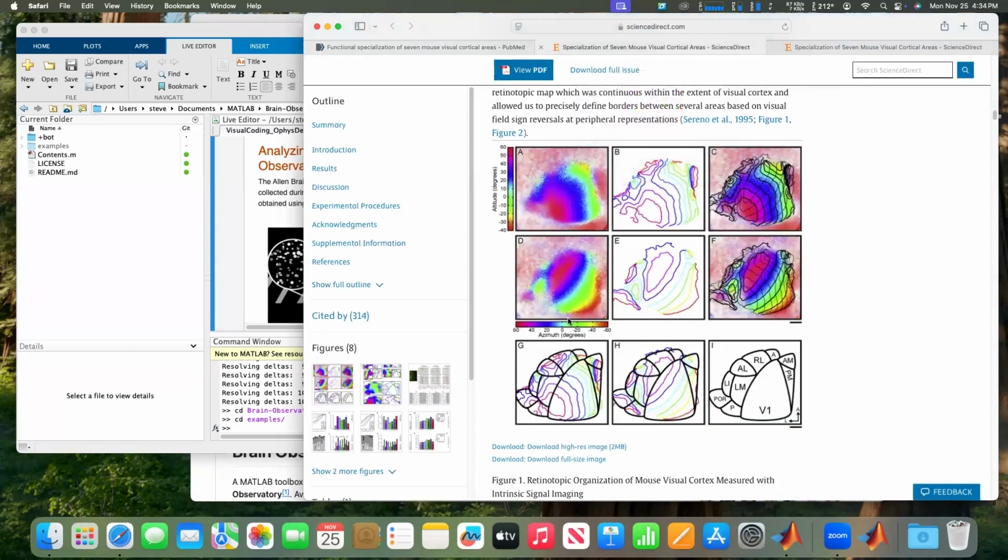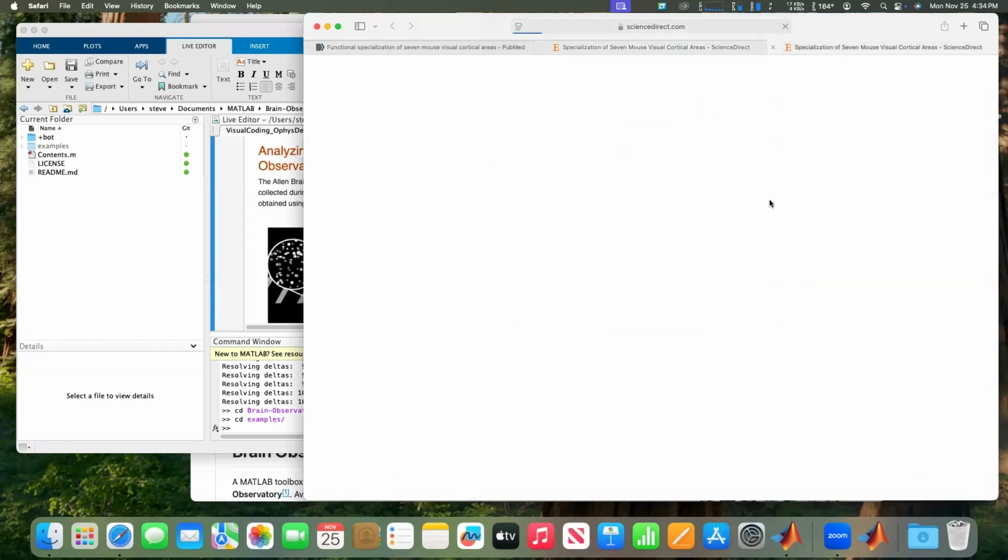So Marshall et al. recorded from many different areas of the mouse visual cortex, including the anterior lateral area AL, the rostrolateral area RL, and the anteromedial area AM. And they found that these areas exhibited more orientation selectivity than direction selectivity.